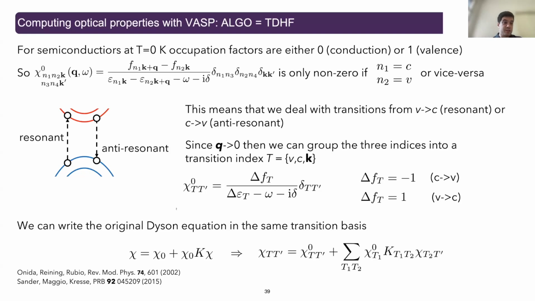Now, in this notation, it means that we can write the original Dyson equation in the same transition basis. So when we had chi equals chi naught plus chi naught K times chi, we now expand everything into the same basis that deals only with transitions from valence to conduction or conduction to valence, and we arrive at a matrix equation for the reducible polarizability.